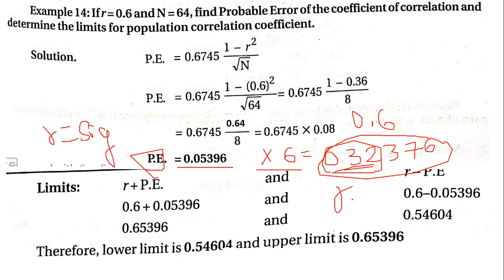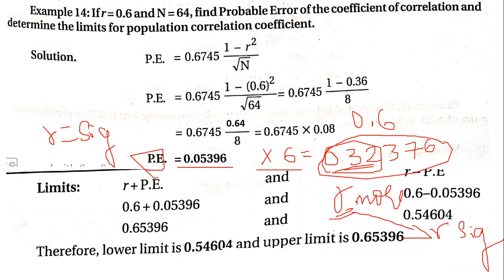Now when you compare this with the R value, the value of R should be more. Like how you see here, 0.6 is more than 0.32. Correct? So if value of R is more, then R is significant.